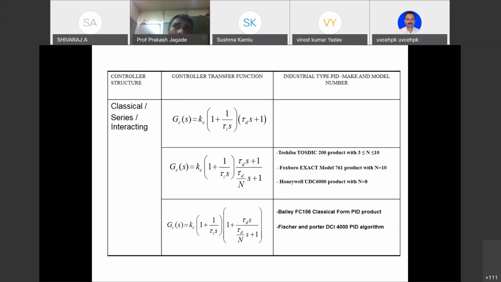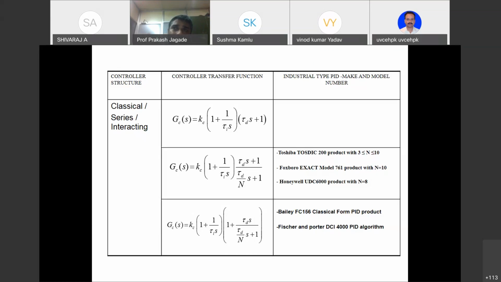If it is a dead time dominant process or a lag dominated process, we recommend a D action. Normally, if you want to improve the speed of response, D action is recommended. For example, temperature control is a very slow process, so we recommend derivative action in temperature control loops. Whereas flow is a very fast process, so we won't recommend derivative action.